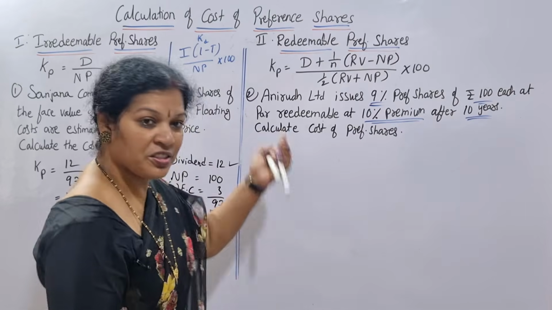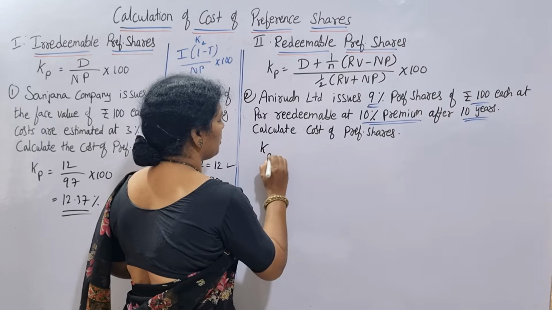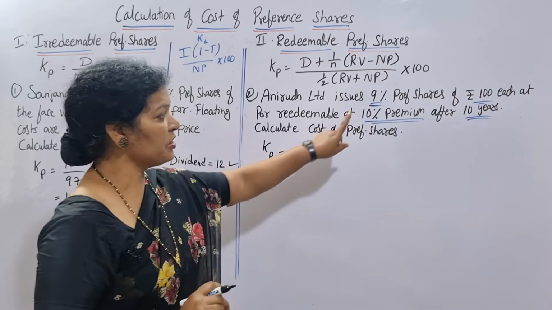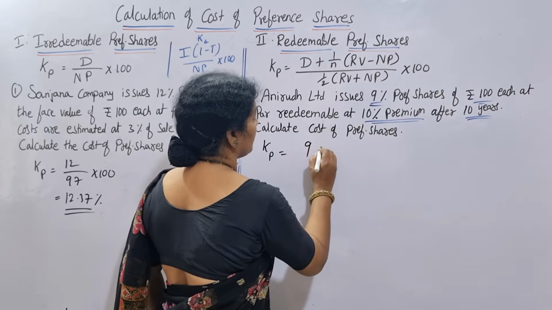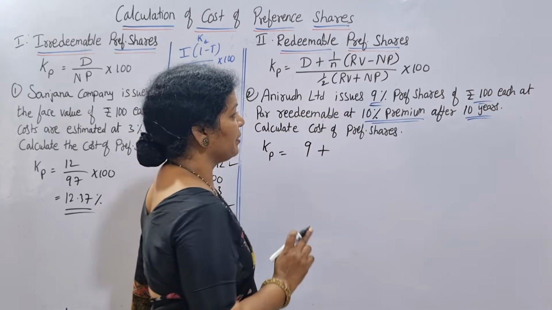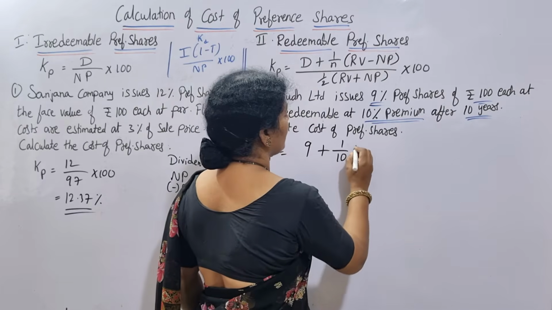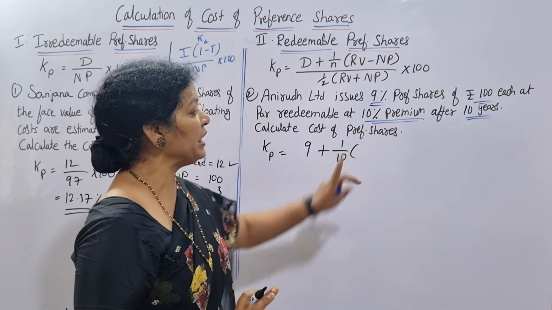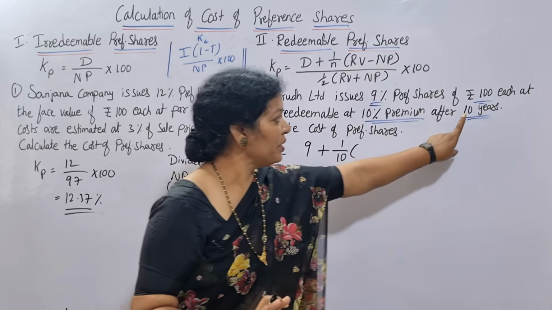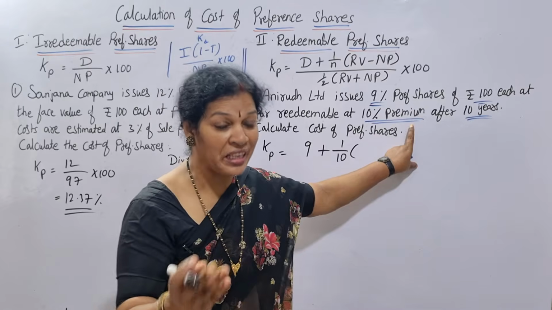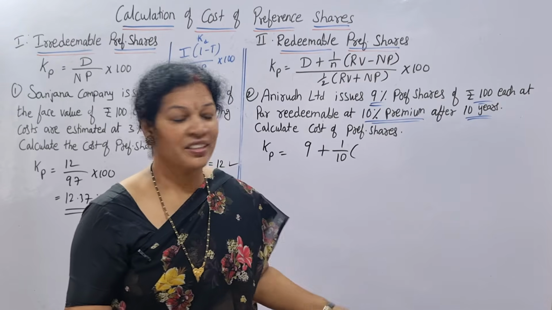Now let's proceed with this problem. Formula I have already written. Kp is equal to D, dividend is here 9%, plus 1 by N. N is 10 years, 1 by 10 into RV. Redeemable value here we could have written as 100 rupees, but now they are saying 10% premium at the time of maturity, meaning the redeemable value is increasing.